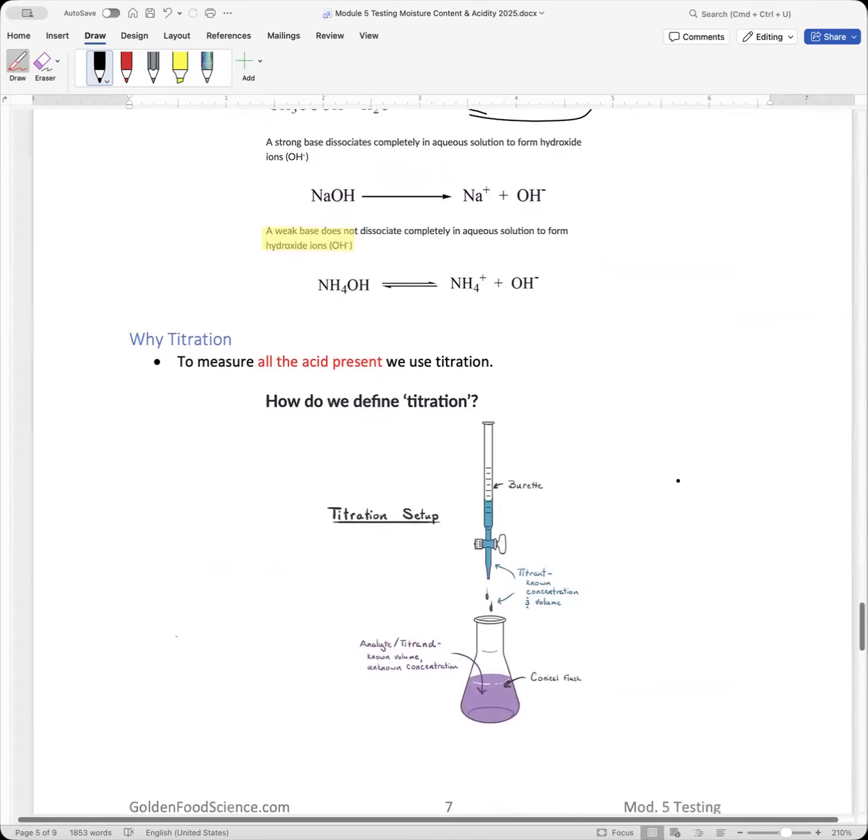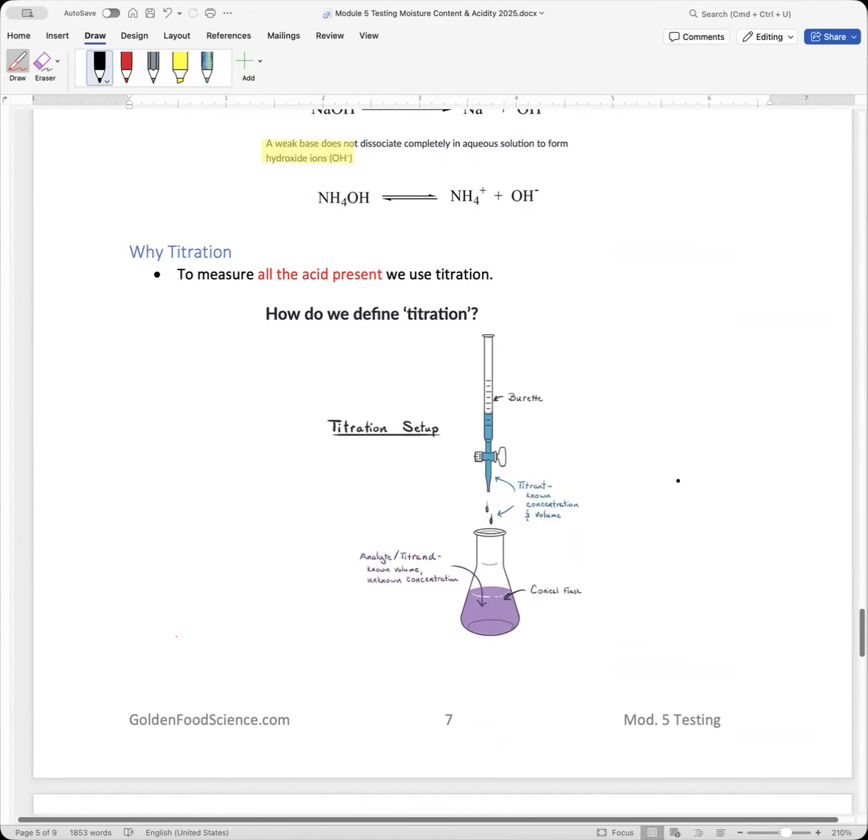There's only really one way to measure that, and we do that with titration. And titration is really quite simple. You put the acid in the bottom and a base in the top, you add base until the solution reaches a pH of 7, and then you measure how much base you put in.